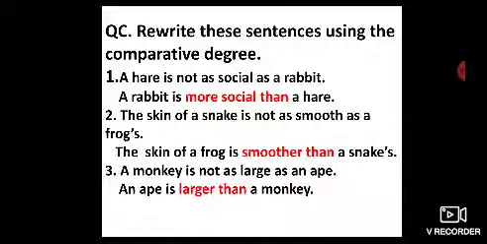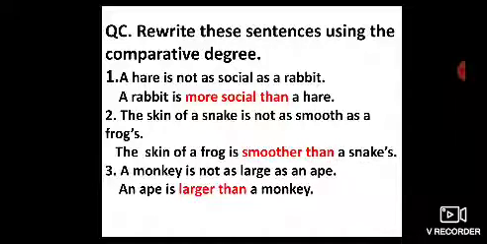You have to remember the rules of adding er or est and then the use of than also. In comparative, you have to remember that you will use the conjunction than. A hare is not as social as a rabbit means a rabbit is social compared to a hare. So I will write, a rabbit is more social than a hare.